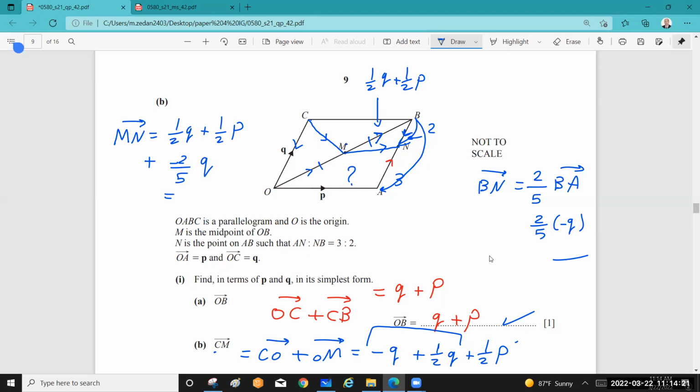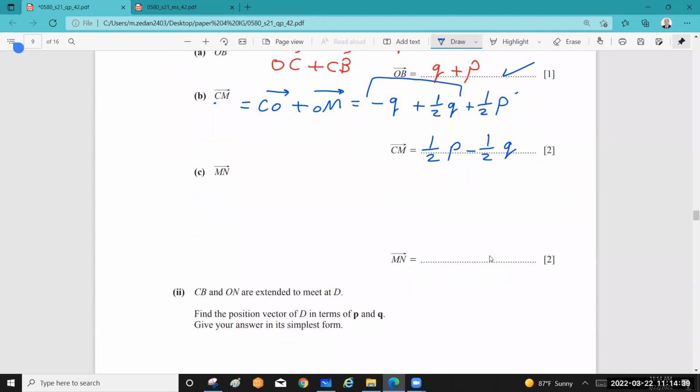Equate the fractions: you have half P alone, and add half plus negative 2/5, half minus 2/5, simply 5 minus 4 over 10. The answer is 1/10 Q. So half P plus 1/10 Q. This is the value of the vector MN.